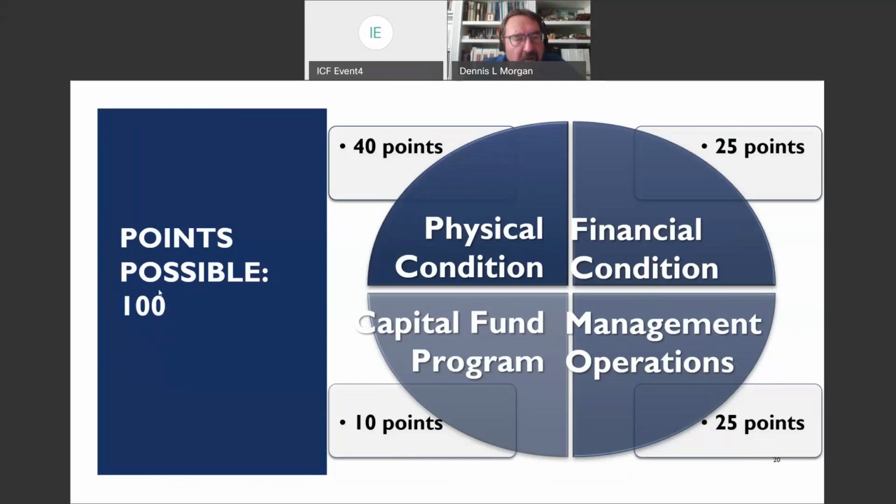If I score above 60, but I have a sub-indicator falling below 60% of the points available, or the cap fund is scoring 0, then it says I'm going to be then a substandard agency. And if I then fall below 60 in my overall score, then I'm going to be labeled troubled.